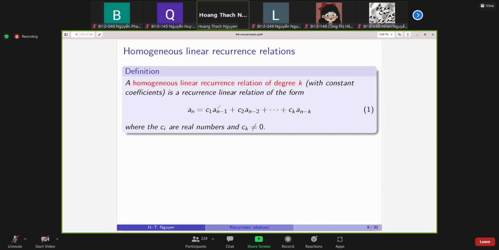Okay, so here in our course, we only consider real numbers. Nothing forbids the coefficients to be complex numbers, but for simplicity, we assume that we only work with real numbers.